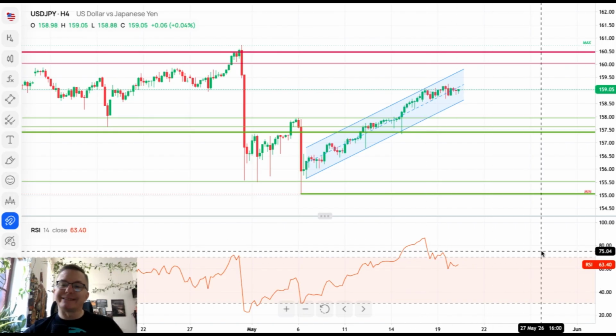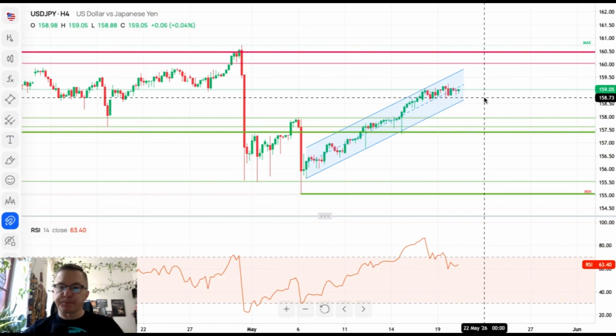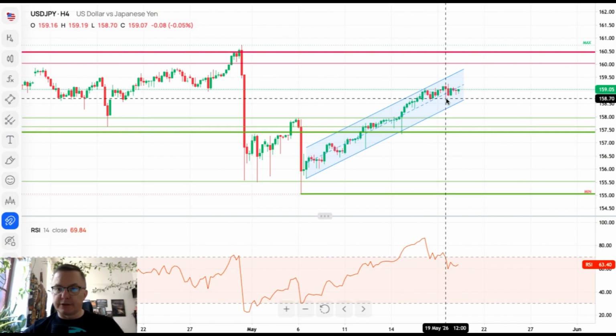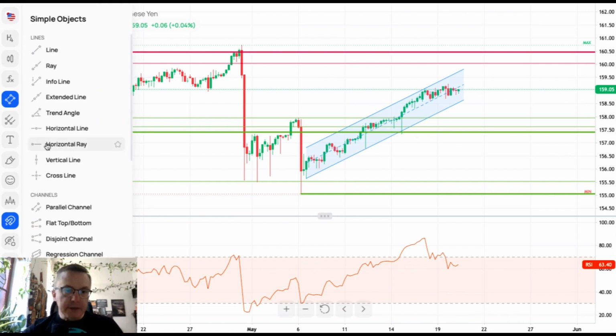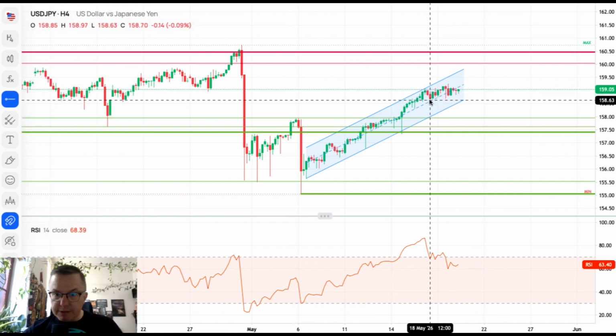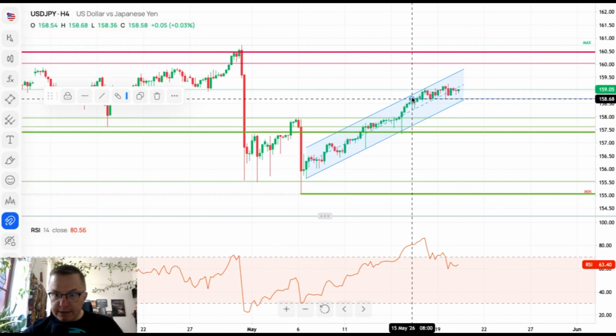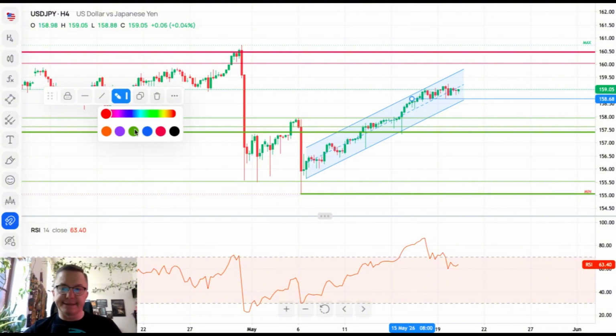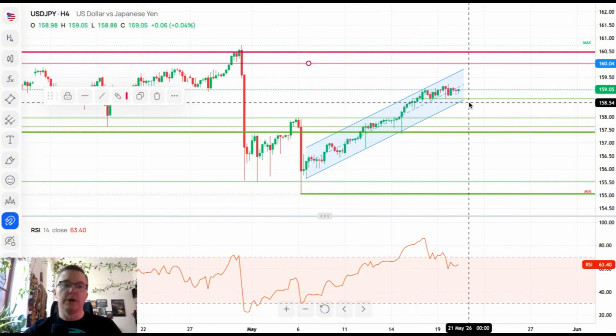Right now momentum 63 points. We can still see another spike to the upside unless 158.70 is clearly violated. I guess this is the intraday technical support. Maybe this might be even better. Yeah, this level is fine. 158.68. This is the local technical support. Any breakout below will be considered bearish.